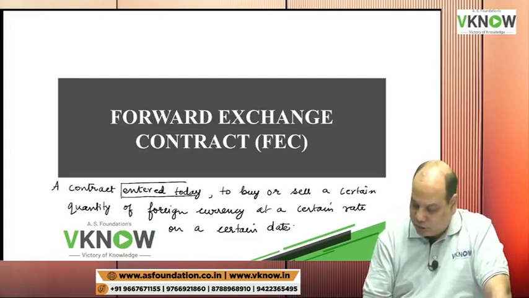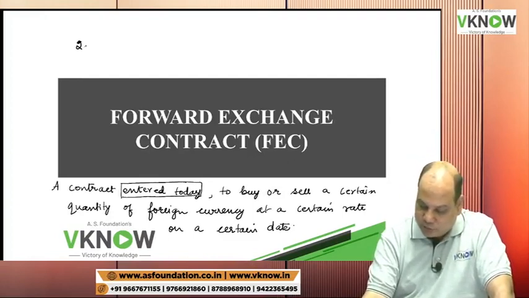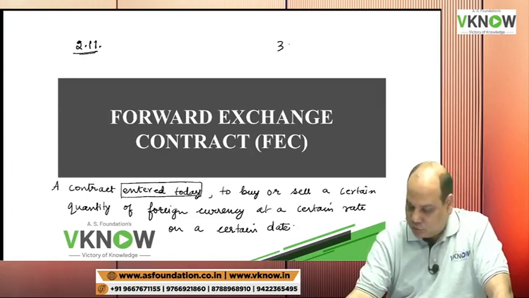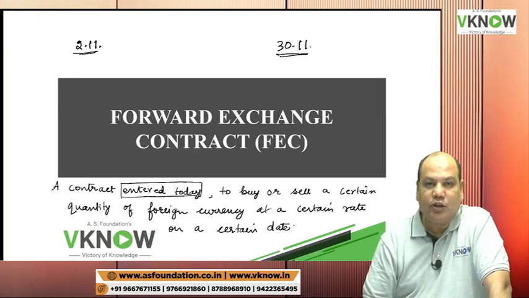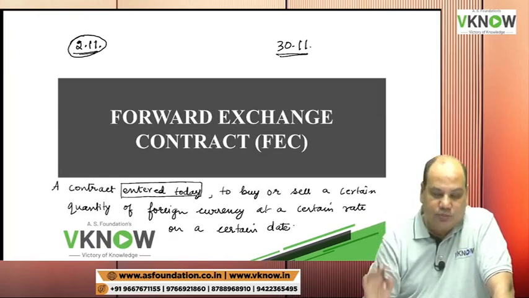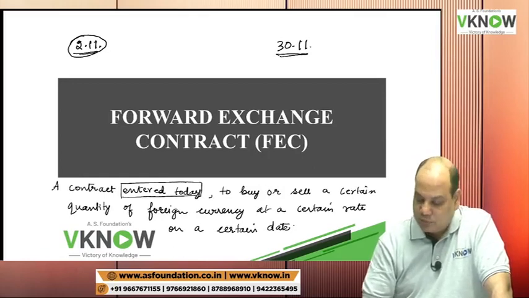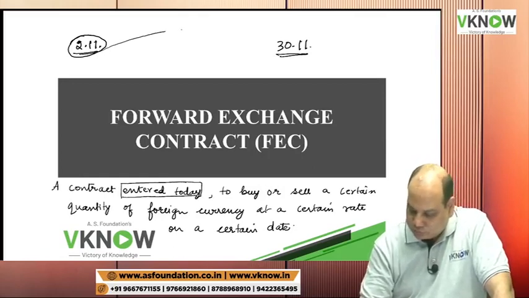So you enter into a contract today. Suppose today is 2nd November and you want to buy foreign currency on 30th November. You are worried that the exchange rate will go up. So what will you do?